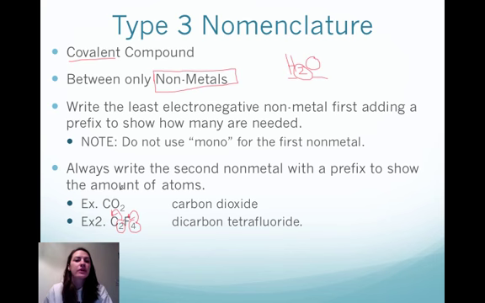Something that's important to note about your type 3 nomenclature is I'll either give you the formula or I'll give you the name. Either way, I'm not going to ask what's the combination between hydrogen and oxygen, because you can't tell how your covalent compounds are going to arrange themselves.